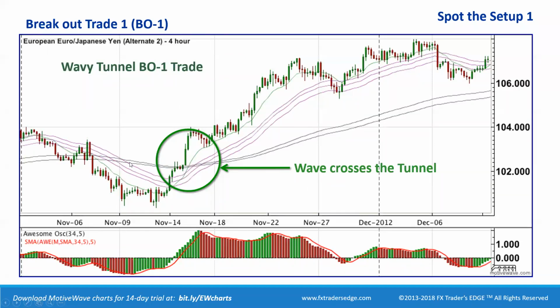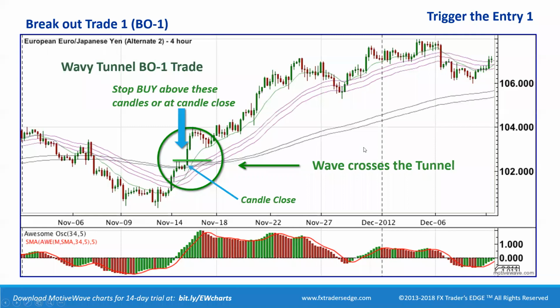So the breakout 1 trade, the wave crosses the tunnel. That's spotting the setup. Triggering the entry, this is an early entry, of course, is to place a stop buy above these candles or at the candle close.